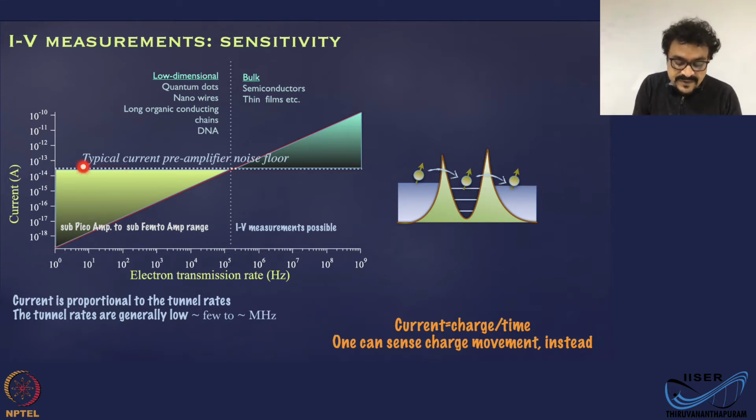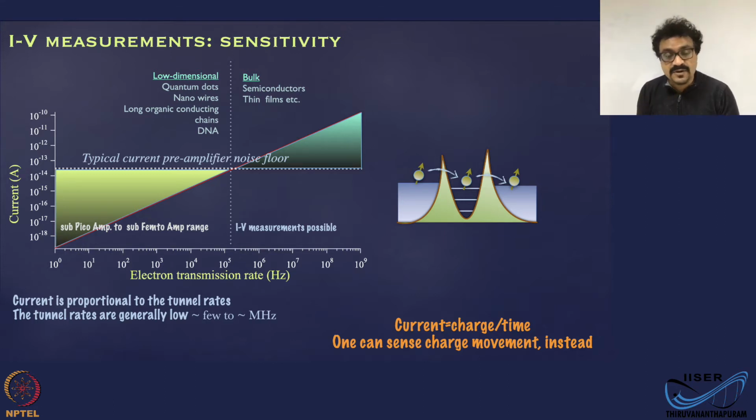Okay, around maybe 5 to 10 femtoampere is what you are going to get for a typical highly sensitive current preamplifier. So whenever the electron transmission rate is in this range, current is in this range, you cannot really rely on current sensing, or you cannot measure the current through the device.